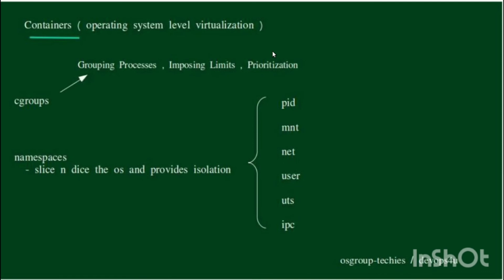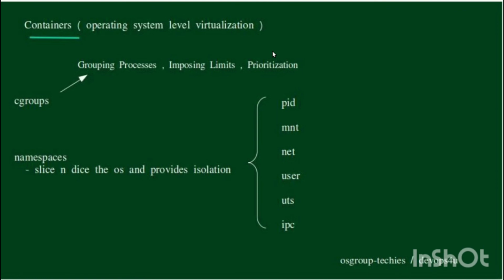The advantage of virtual machines is that when you have one hardware, on top of that you can have different types of operating systems. For example, you can have a Linux operating system and a Windows operating system on the same hardware when you use virtual machines. But containers are specific because they are bound to the kernel. So Linux hosts can have only Linux flavors of operating system services on top of your containers.